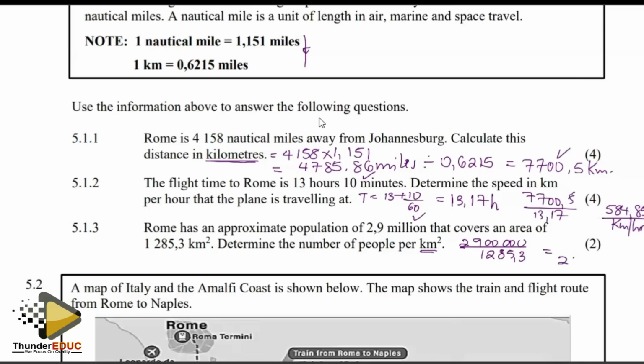So we have 2,256 people per kilometer square.